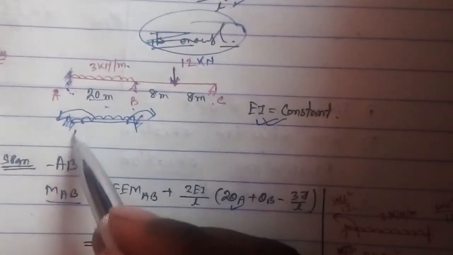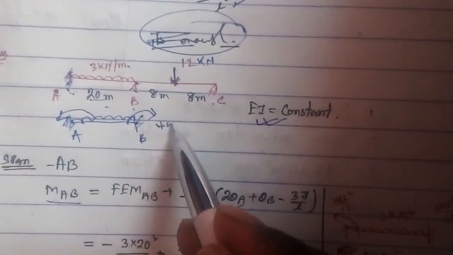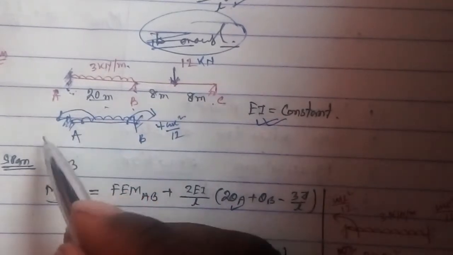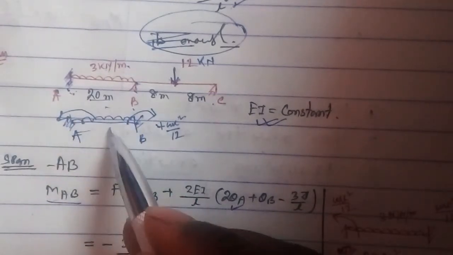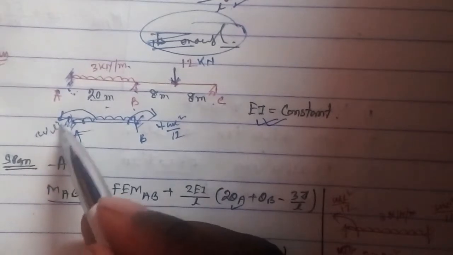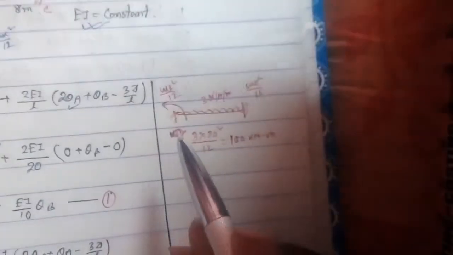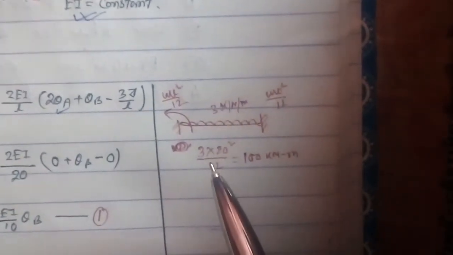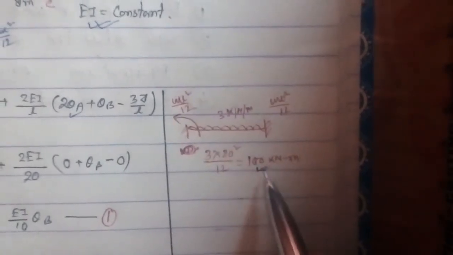It is A, it is B. The end moment at A is anti-clockwise, so the fixed end moment FEM AB from A to B will be WL square by 12, and it will be minus. I have already done this calculation: W is 3 and length is 20, so WL square by 12 will be 100 kilonewton meter.